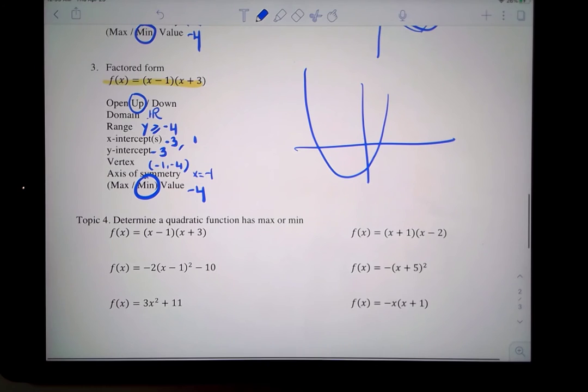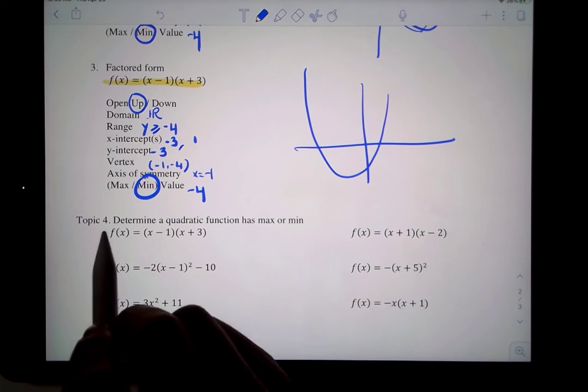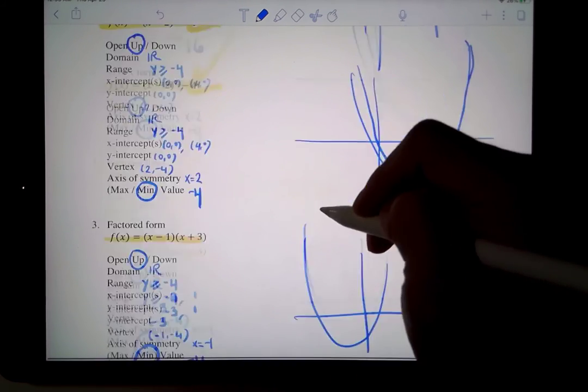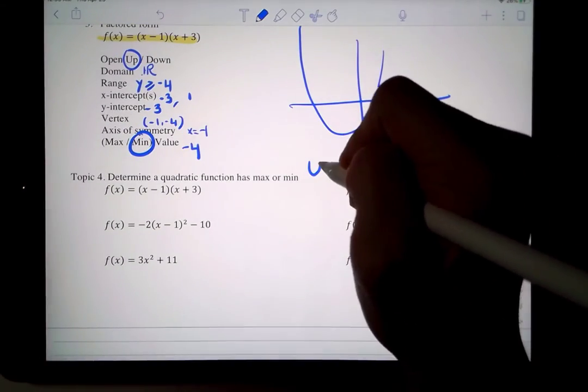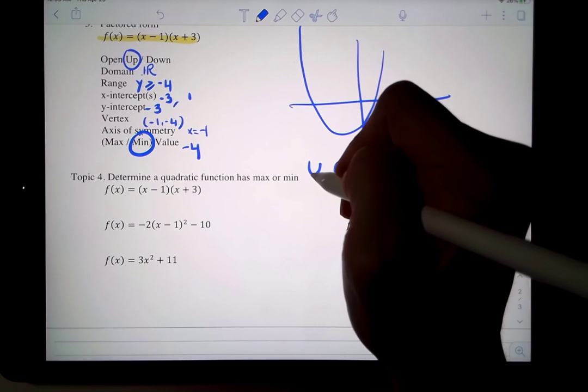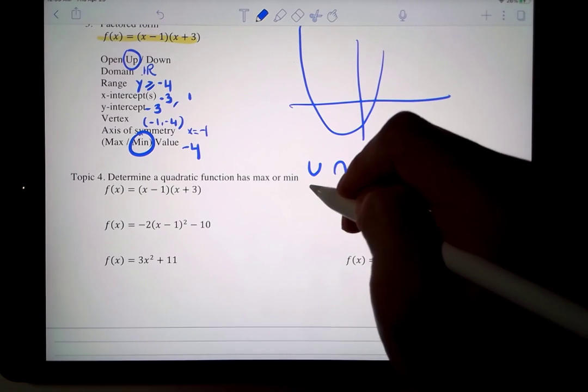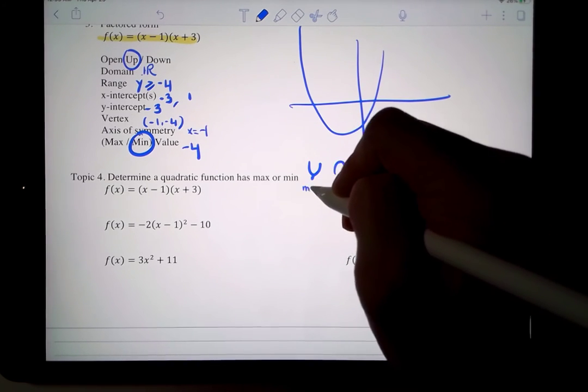You just look at the form, and then you're telling me whether the graph has a maximum or minimum. How do you know? You just determine the shape, right? This or that. If the graph opens up, then what do you have? Minimum.